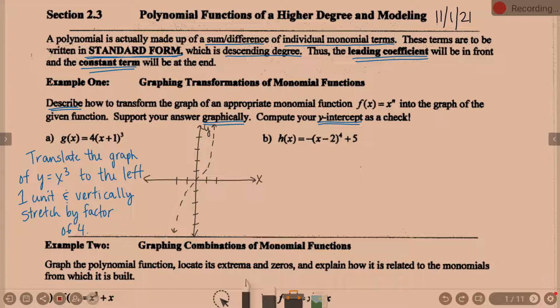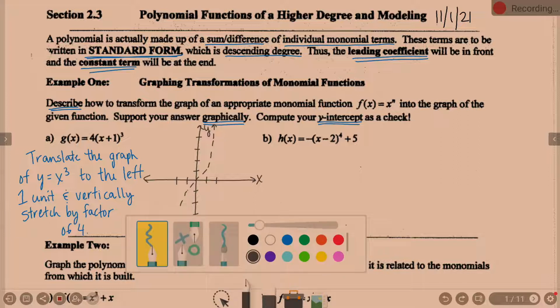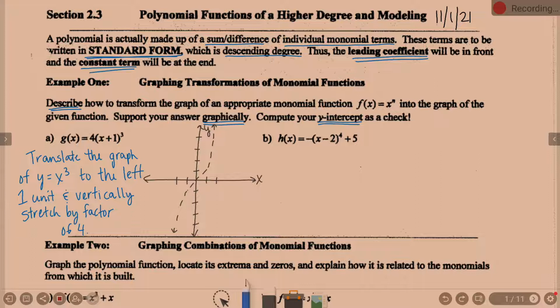That's just me trying to get you to visualize the original graph. Now, we talked about the fact that we want to go 1 to the left, which means instead of crossing through 0, 0, I'm now going to cross through -1, 0.